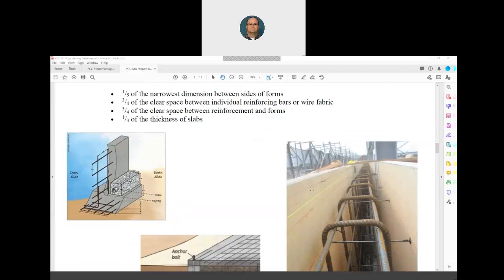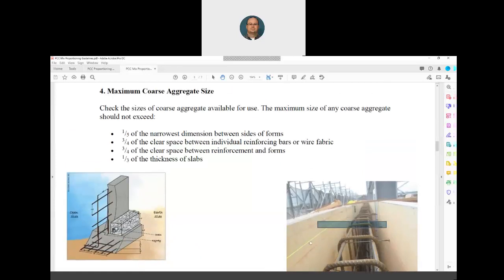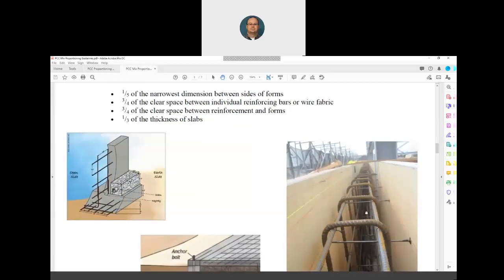So basically I'm measuring the narrowest dimension, from side of form to side of form. If that's 8 inches, I take 1/5 of that. That is the maximum size coarse aggregate I can have to make sure it actually has room to fall in my wall. Otherwise, we're going to get honeycombing.